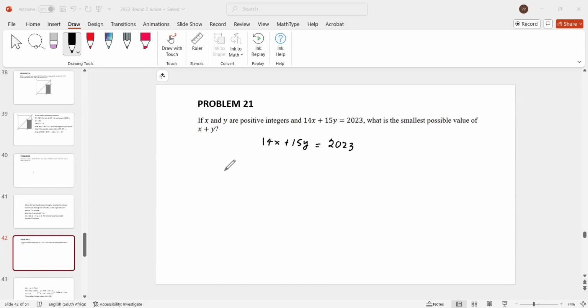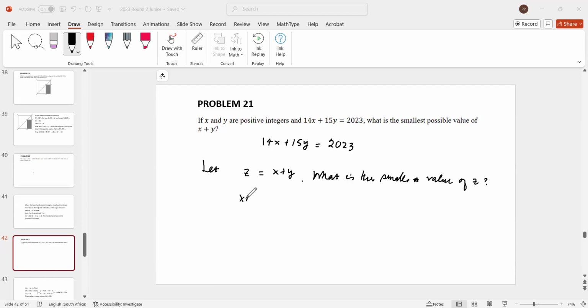So let's give a name to x plus y. Let, for instance, z be equal to x plus y. Now we need to know what is the smallest value for z. So that's the question.